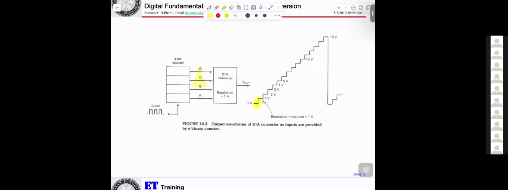You can count 1, 2, 3, up to how many? 15. So the number of steps will be 2 power of n minus 1. That means how many steps you get.